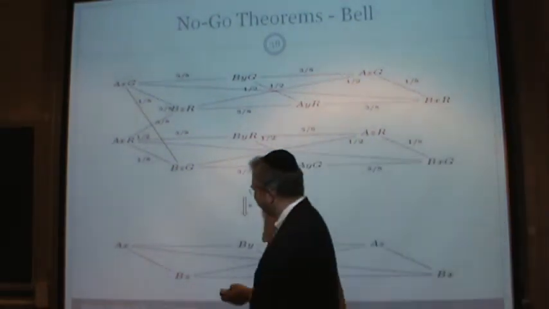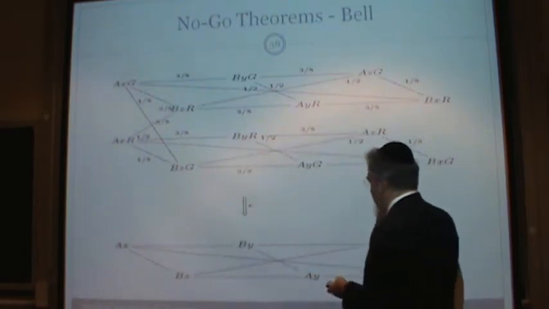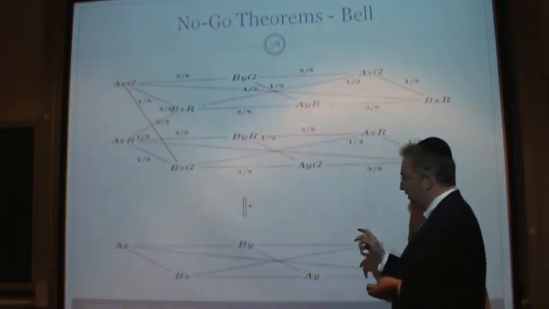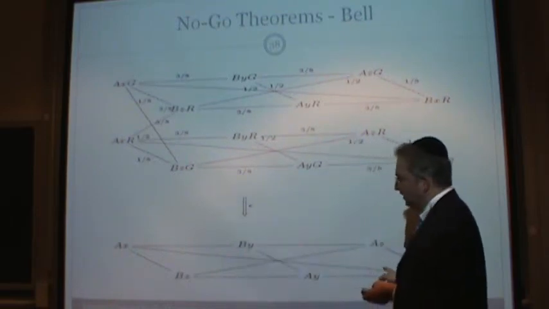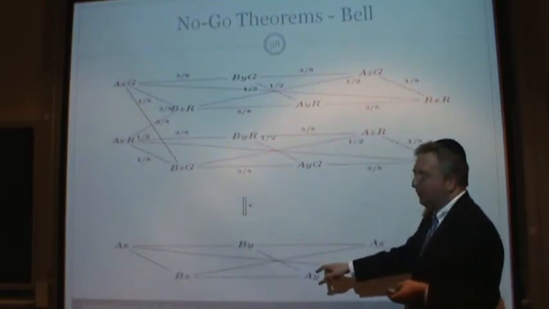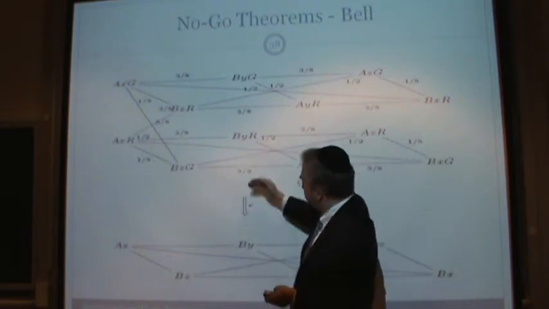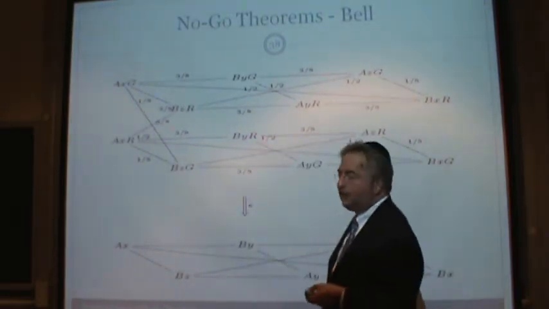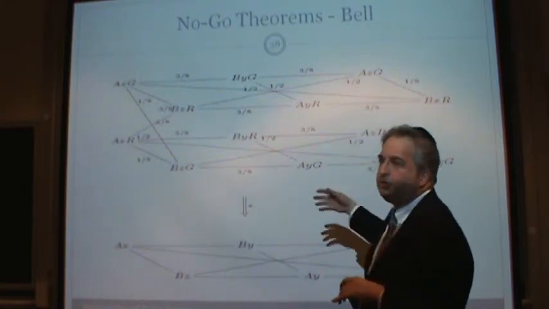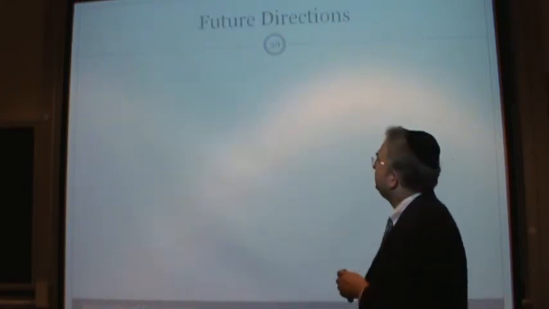Namely, you have two people, Ann and Bob, each one can do X, Y, and Z, and they're compatible this way. And then you put measurements. Now, on top of every line, if you sum up the things, you get 1. And you can restate Bell's theorem in these terms.